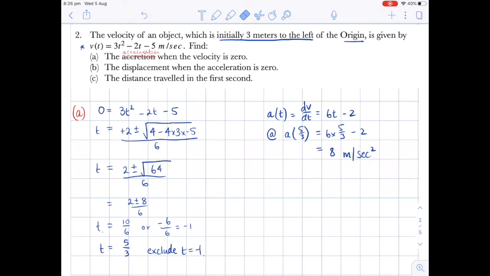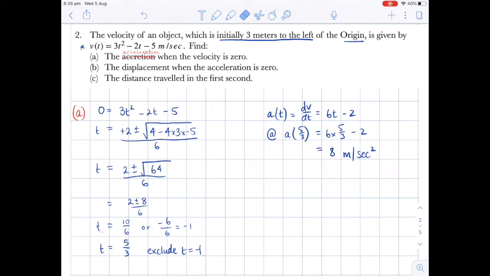But I've got to be a little bit careful, because like we saw in one of the previous questions, if the direction changes in that time, then to find the distance I have to add the values for when it's going down and for when it's going up.